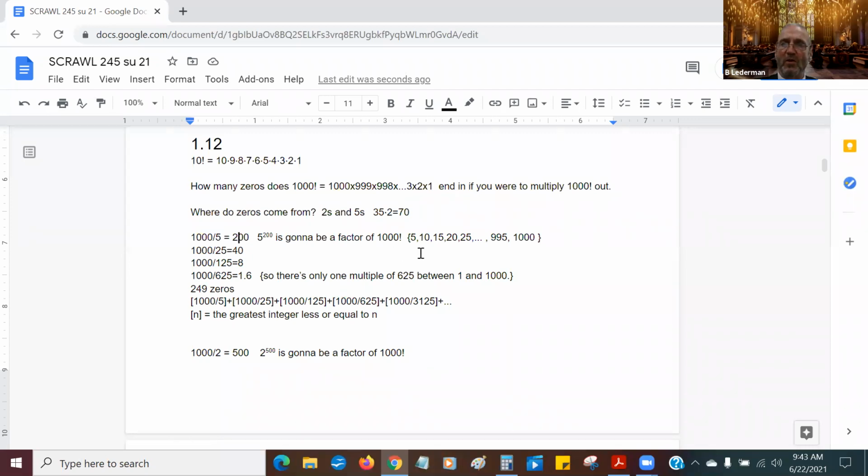However, there's more than that, because notice that 25 contains two factors of 5. See what I'm saying? So every 25th number is going to have an extra 5, so I have to add that on. So that's 40 extra.